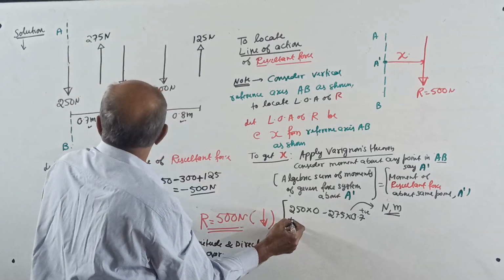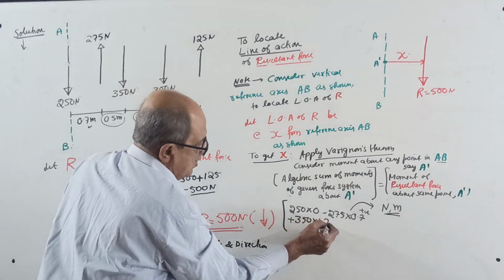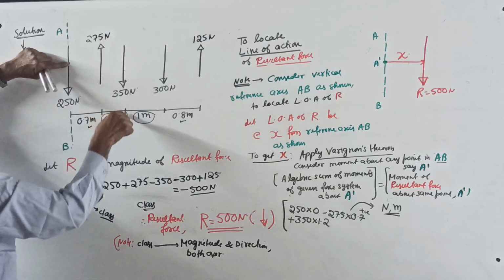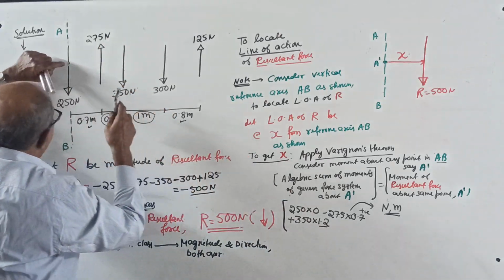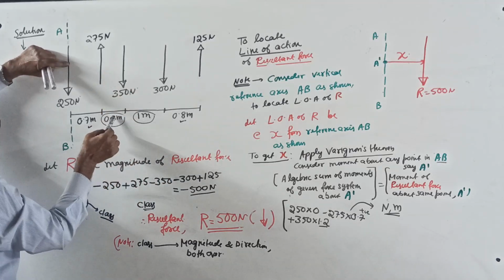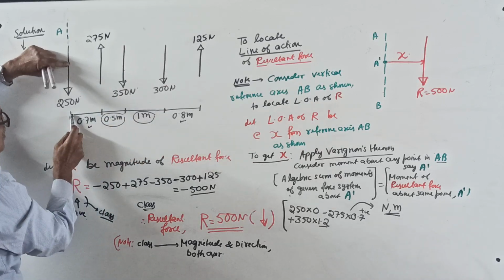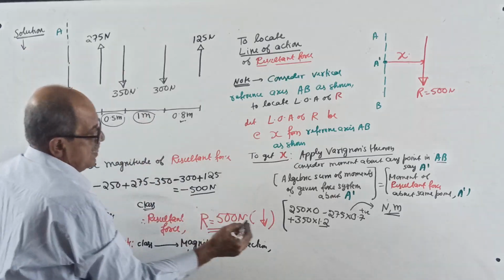Why should I not tell? 350 into 1.2, you have to write how you got it. Plus 300 into 0.7 plus 0.5, 1.2, plus another 1, 2.2.